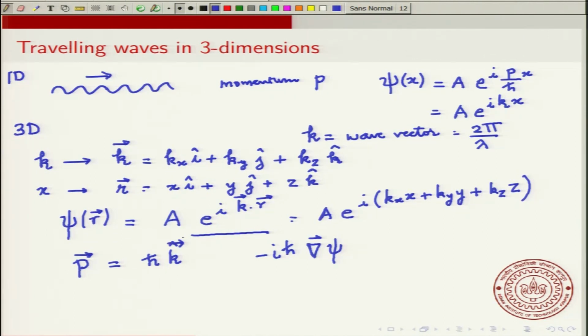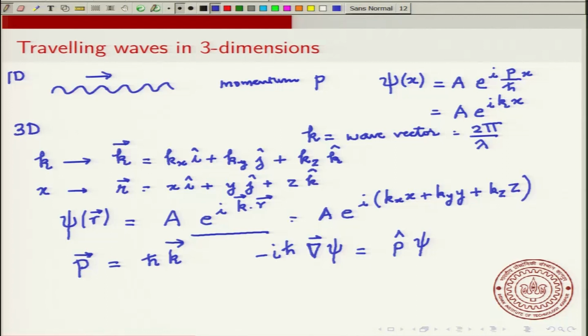So if psi has this form, minus i h cross gradient of psi is the quantum mechanical operator for momentum operating on psi.